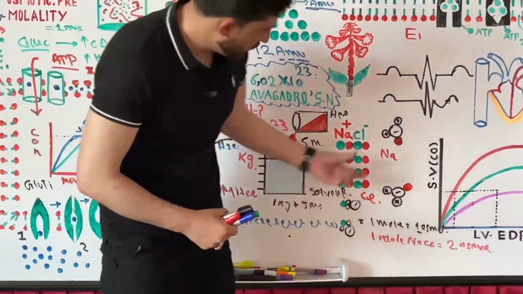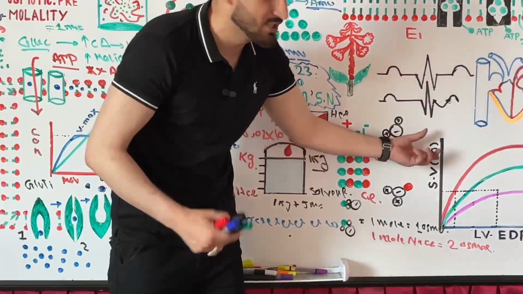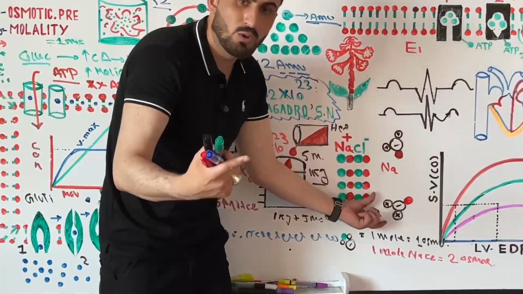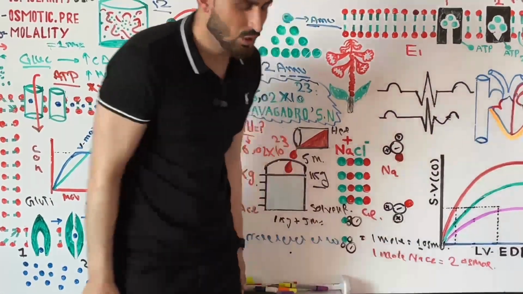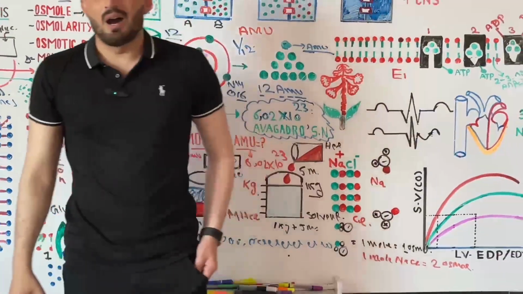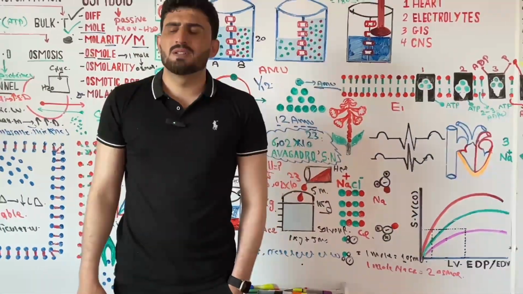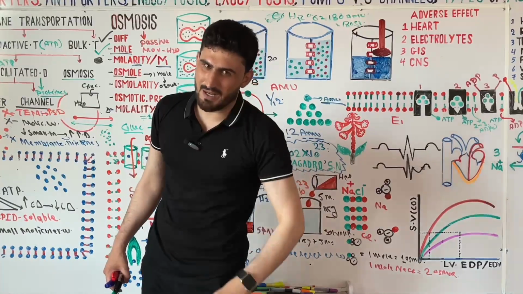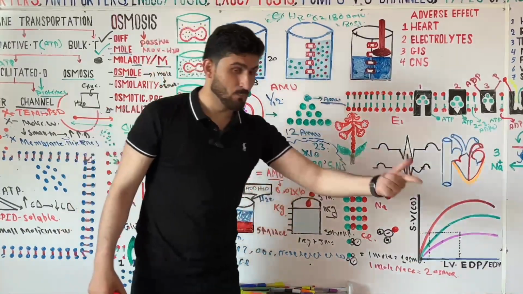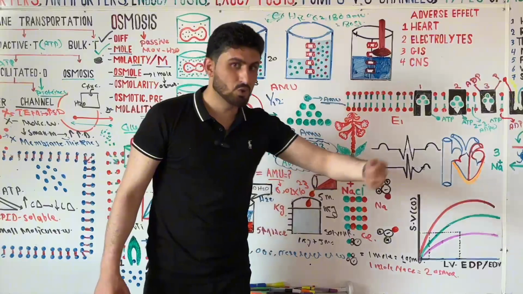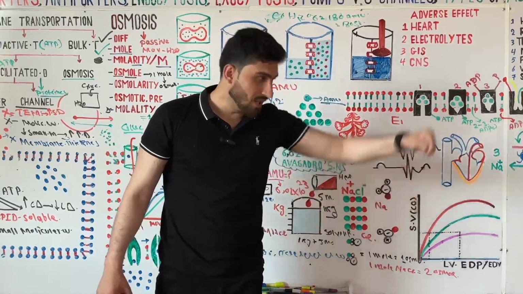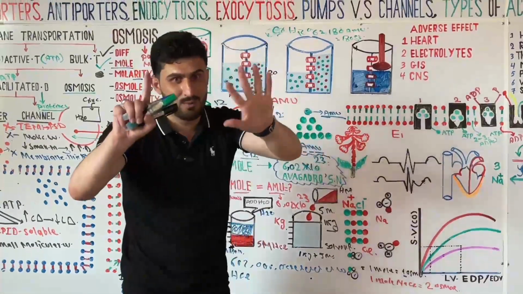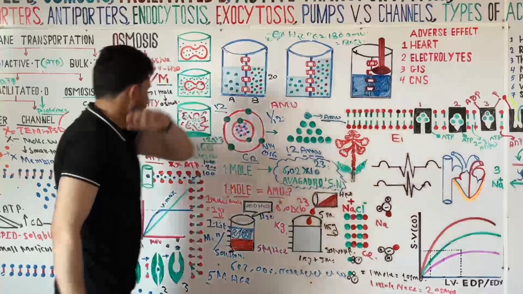Why? Because 1 mole of sodium causes 1 osmol, and 1 mole of chlorine also causes 1 osmol. So that's why osmol is dependent on the number of particles, not on the size of particles. Okay, if you give someone 5 mole of sodium chloride, it causes 10 osmol of osmolarity.